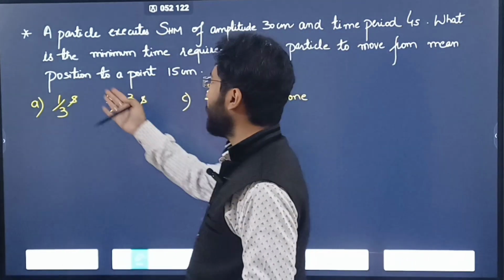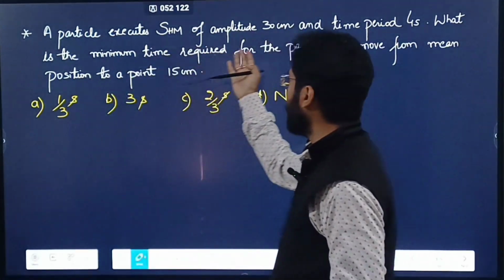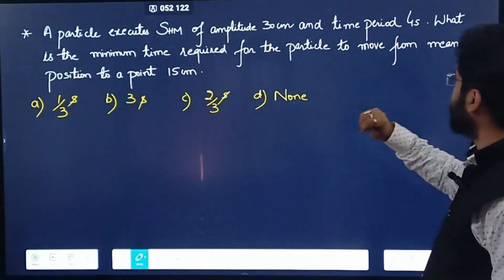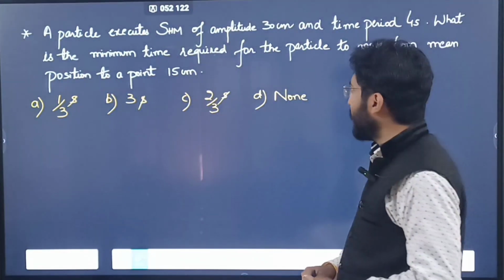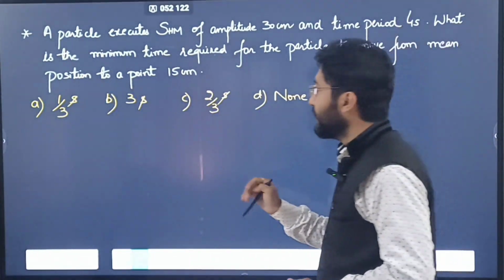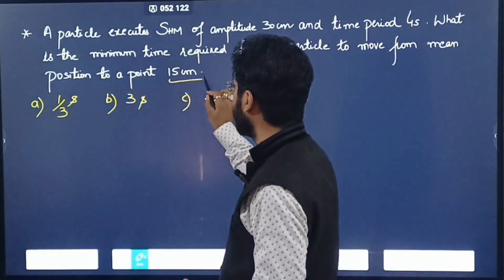The question is, a particle executes SHM of amplitude 30 cm and time period is 4 seconds. What is the minimum time required for the particle to move from mean position to a point 15 cm?